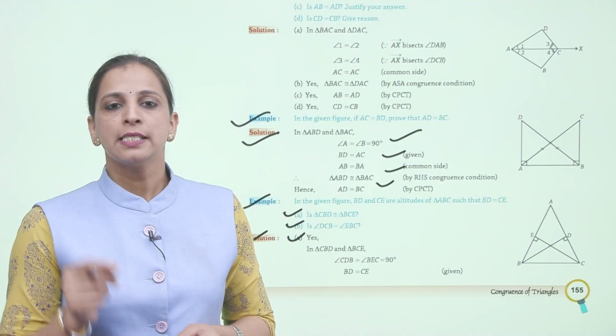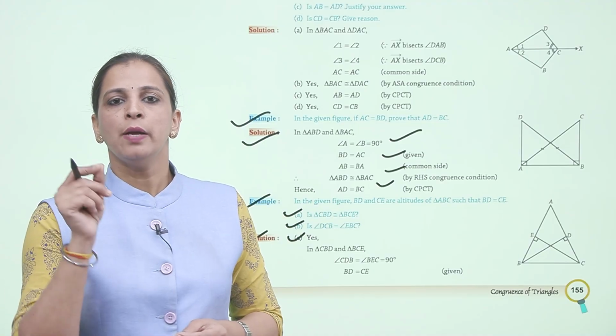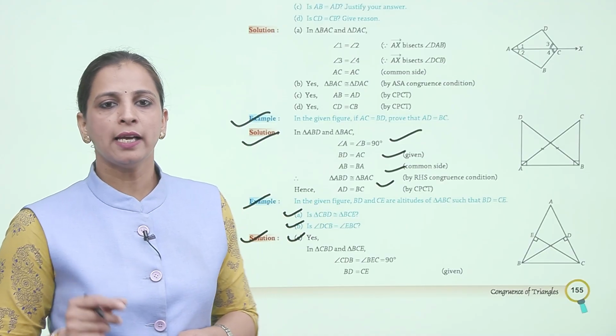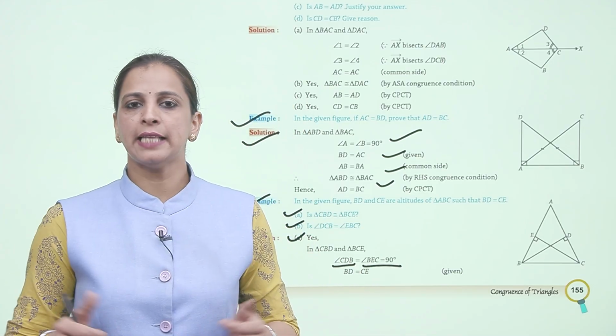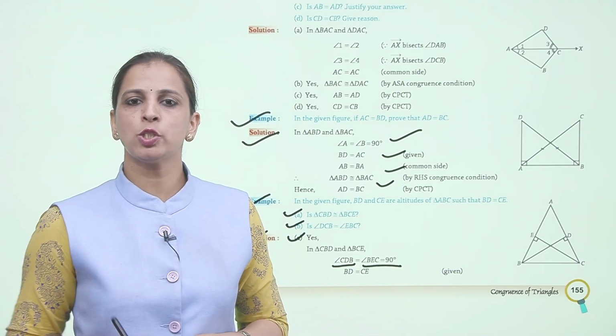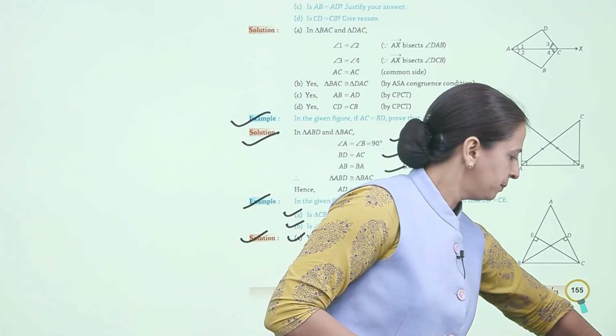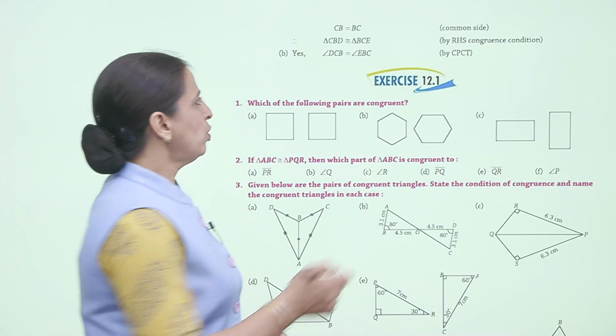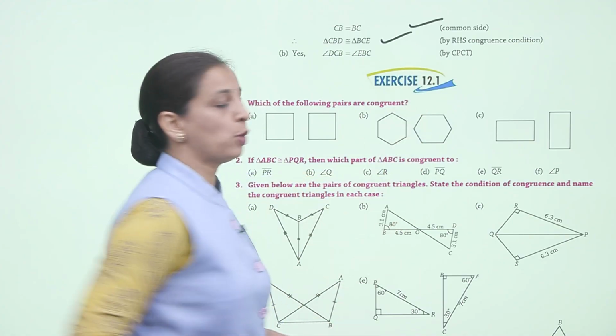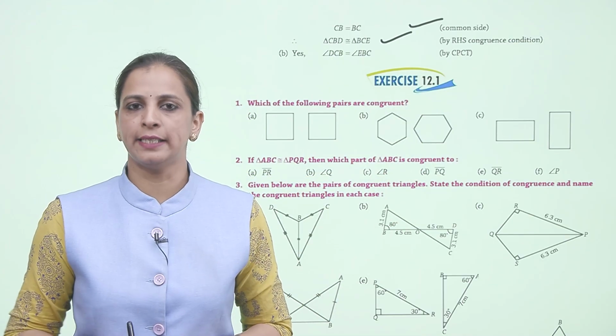In triangle CBD and triangle BCE, angle CDB is equal to angle BEC, that is 90 degrees. BD is equal to CE, given, and CB is equal to BC, common side. So it's proved by RHS congruence condition.